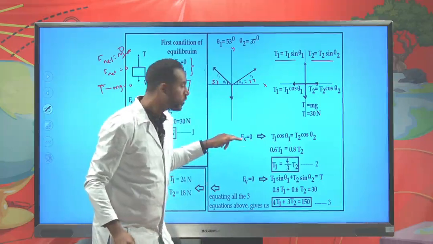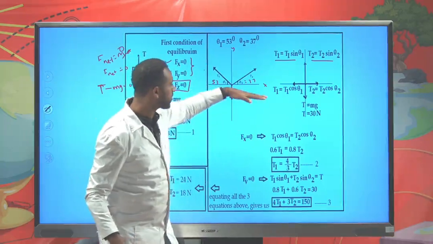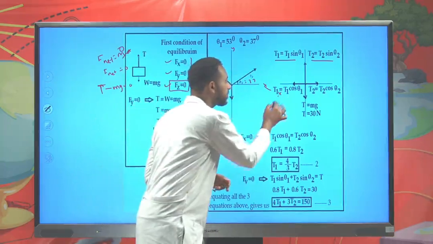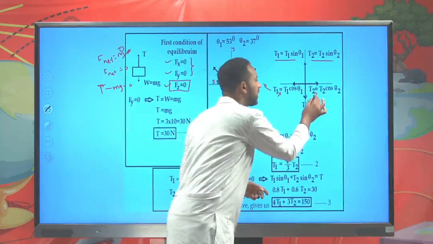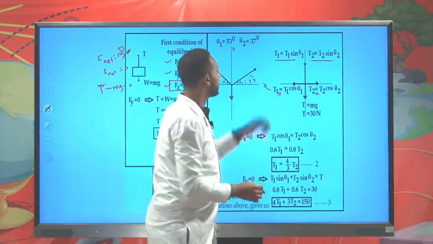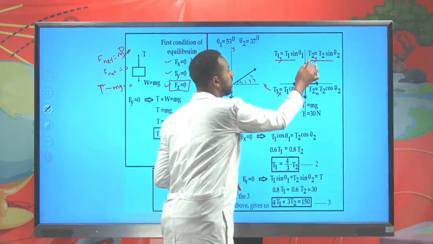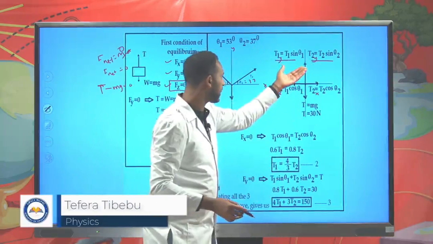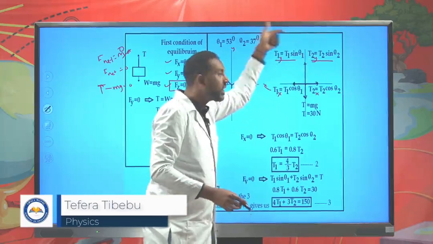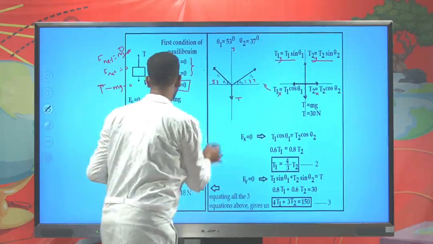They are T1 along x and T2 along x, the horizontal components. The upward components are T1 along the y-axis and T2 along the y-axis. These act along the same axis, so we can add these two. And the other force, acting downward, is the tension T.